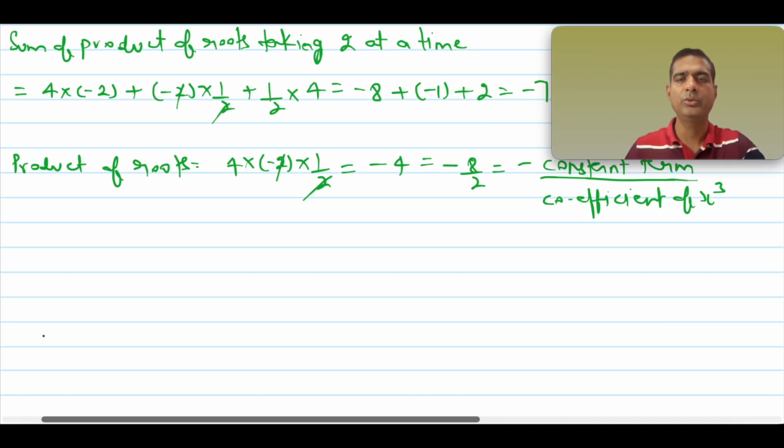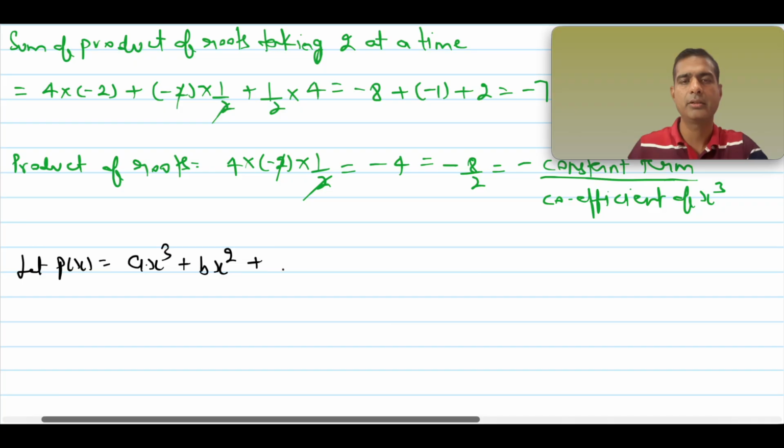So if we try to generalize it, if there are 3 roots alpha, beta and gamma of a cubic polynomial, let p of x be a cubic polynomial given by ax cube plus bx square plus cx plus d, and its 3 roots are alpha, beta and gamma.